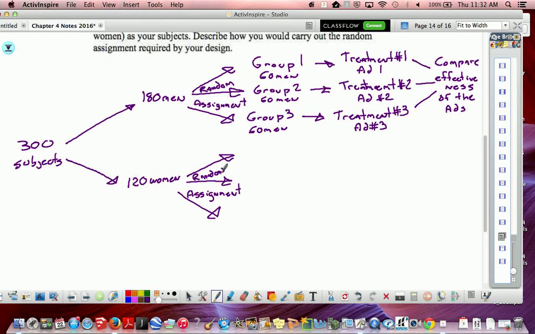So random assignment again. So now when we do the groups of women, group 1, it's only going to be 40 in each group.